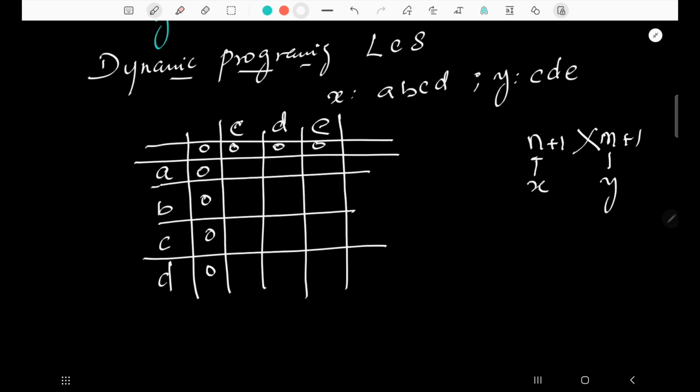Always the first column and the first row are 0. Now we have to populate these cells.